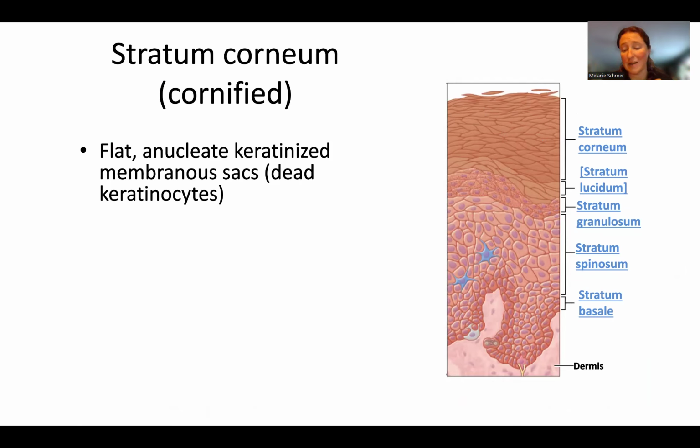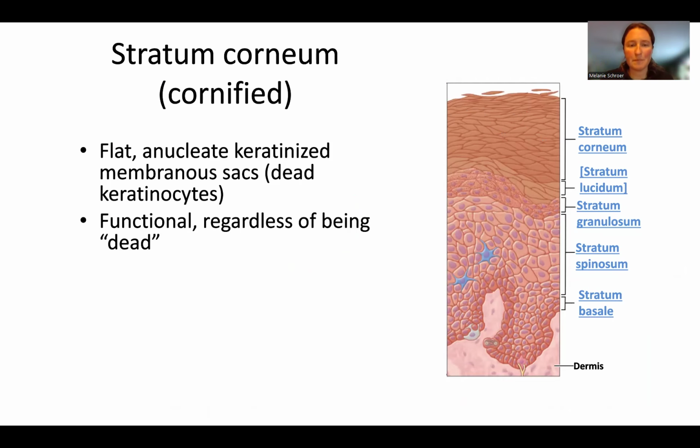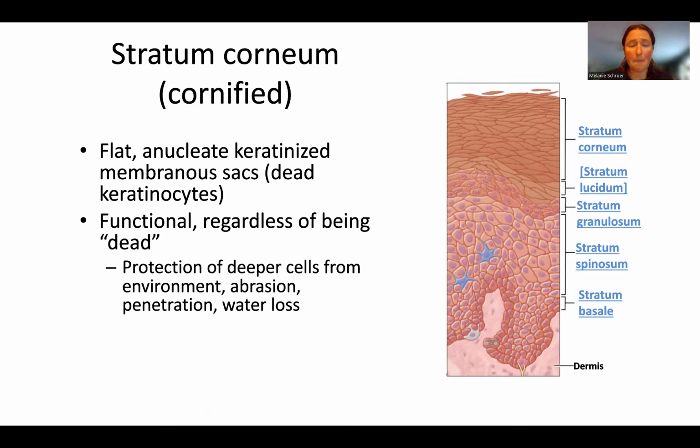If some of these dead cells flake off, doesn't matter, they're already dead, it's all good. Again, they are functional, even though they're dead, the keratin is still very helpful. It's still a very good protective barrier. It protects our cells from the environment, from being scraped up, from invasion by pathogens, and it keeps the water in.